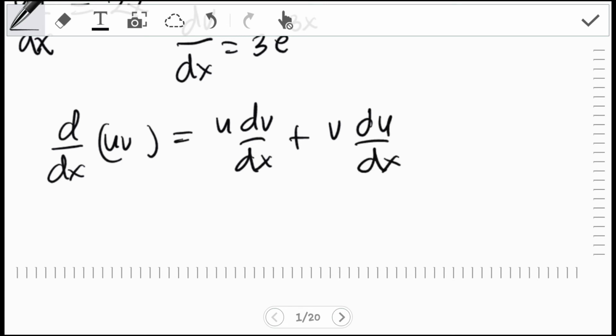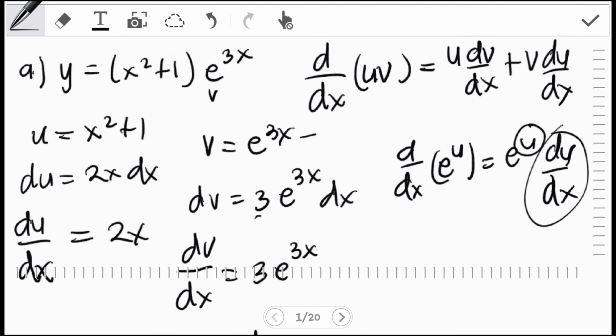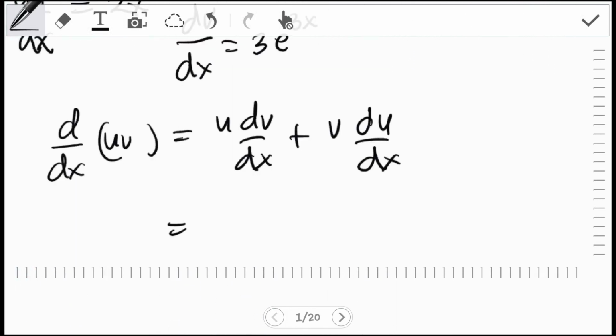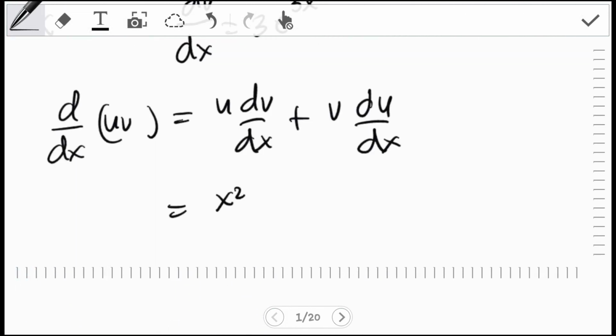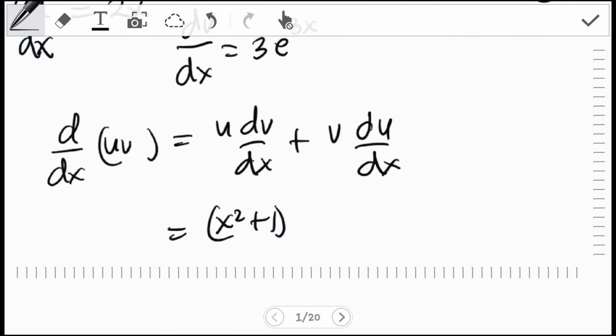So let us now substitute the value of u, that is x squared plus 1, and dv over dx, that is 3 e to the power 3x, plus v, which is e to the power 3x, times du, which is 2x.